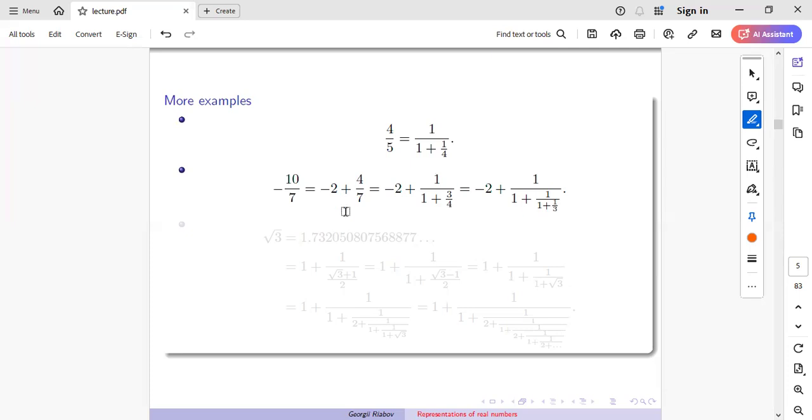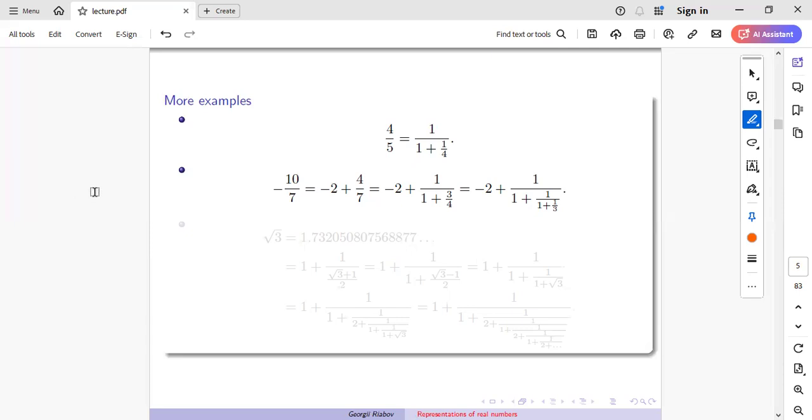Let's write it as minus 2 plus 4 over 7, and divide numerator and denominator by 4. After we also represent 3 over 4 as a continued fraction, we get a finite continued fraction.